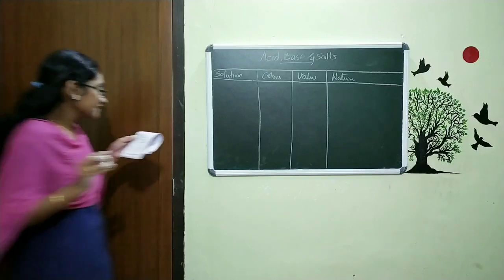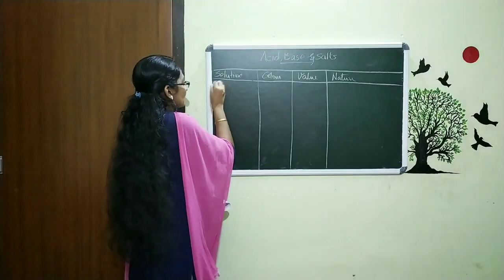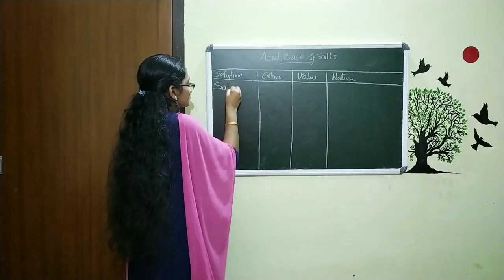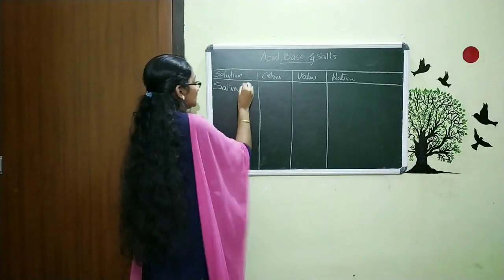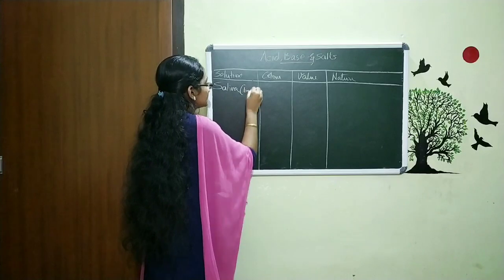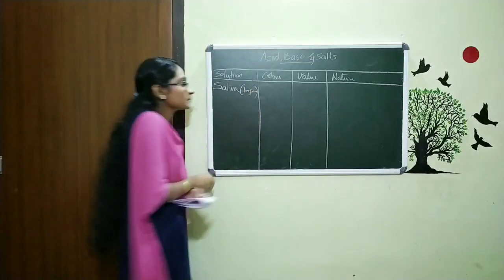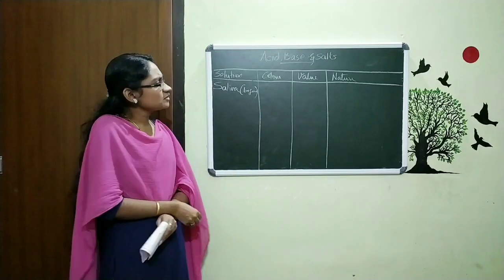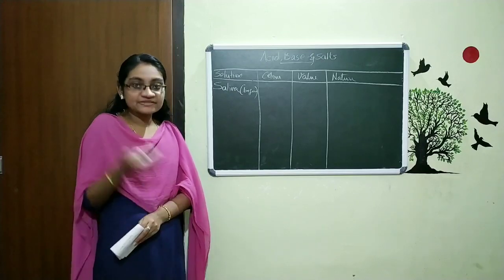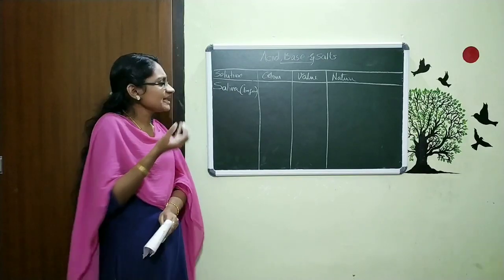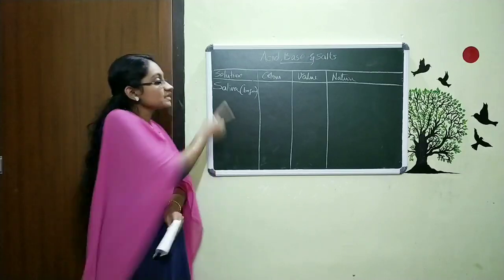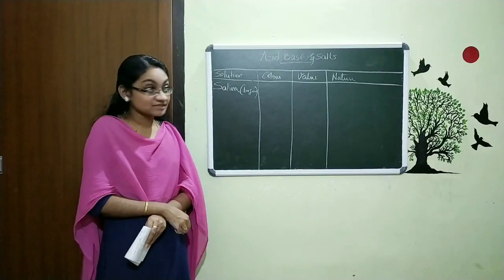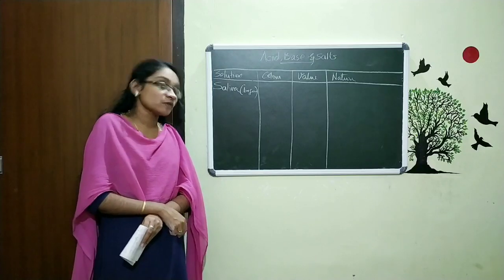So the first one is saliva, that is before meal. What about the color? We take a beaker, collect some drops of saliva and dip the pH paper in this saliva, collected before meal.